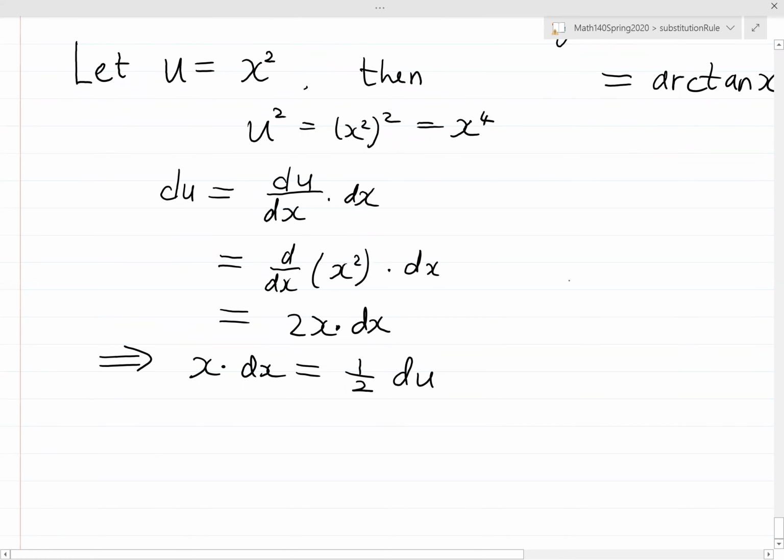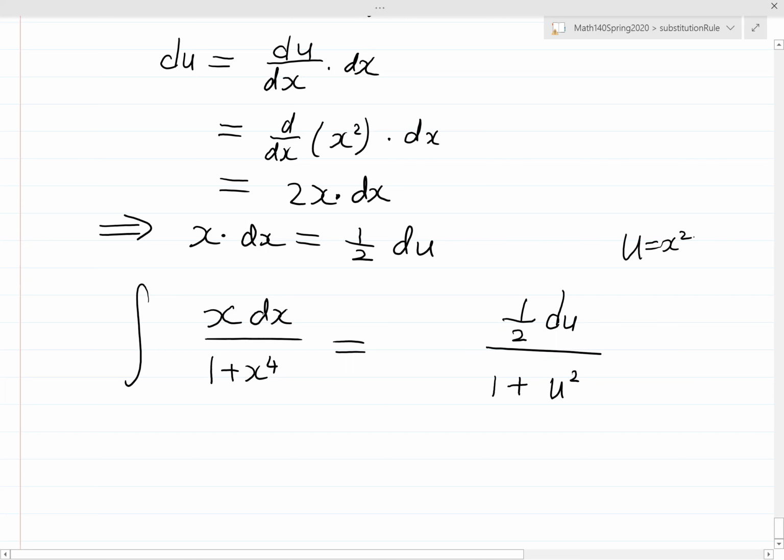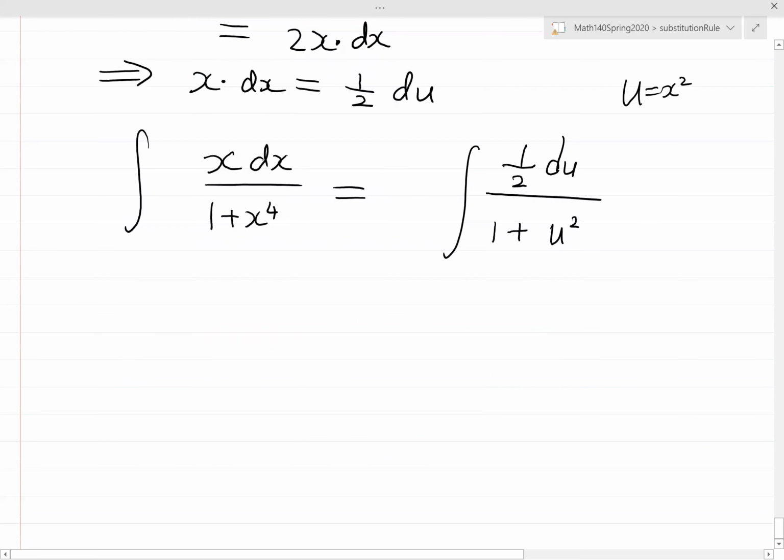Now the original integral is x dx over 1 plus x to the 4. We substitute x dx by 1/2 du, and 1 plus x to the 4 becomes 1 plus u squared, remember u is x squared, so u squared is x to the 4. Then factor out the 1/2: 1/2 times du over 1 plus u squared.